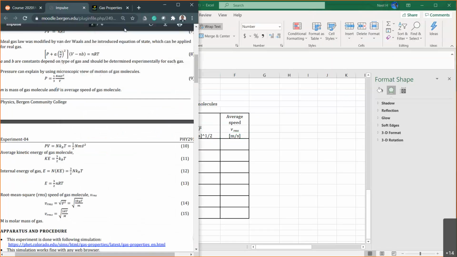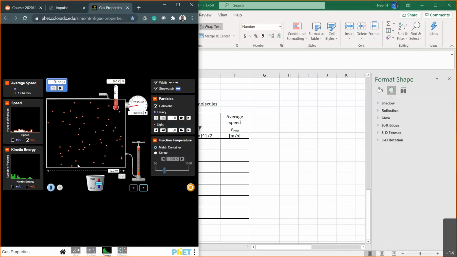And then all we have to do now is slowly increase the temperature. Maybe we can start, let's cool this down a little bit to maybe 100. We don't need to go really low or really high. We can start at maybe 100 and then go to about 300, because then we can see how the behavior looks around room temperature.